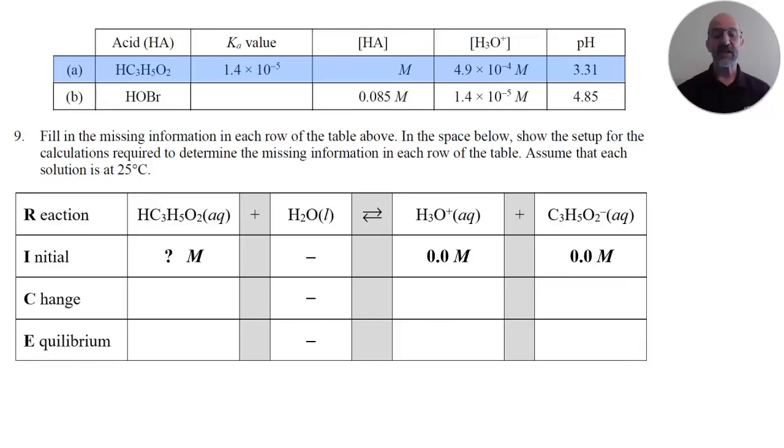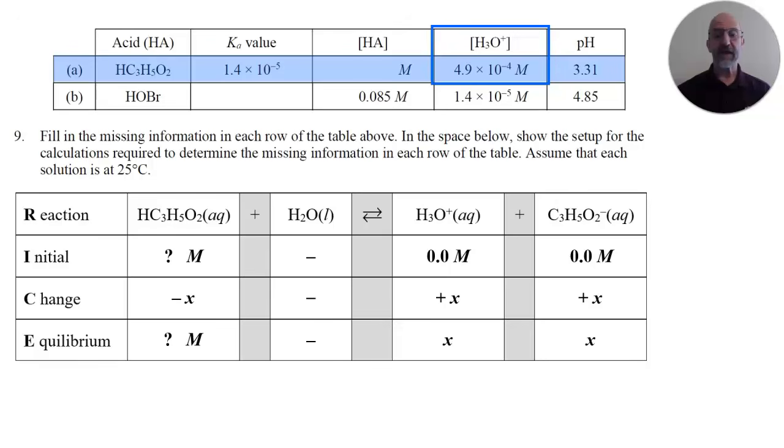All right, well, now comes the change in terms of X. So we have minus X for the propanoic acid, and then plus X for the hydronium ion, and plus X for the propanoate ion. So at equilibrium, we have X, and again, we don't know that concentration of the propanoic acid at equilibrium.